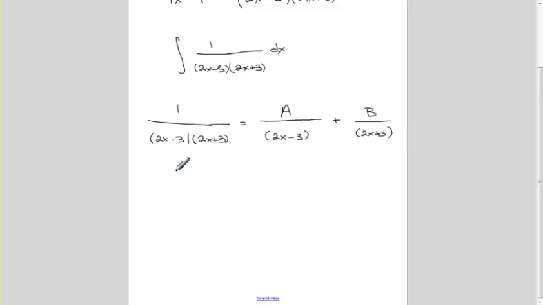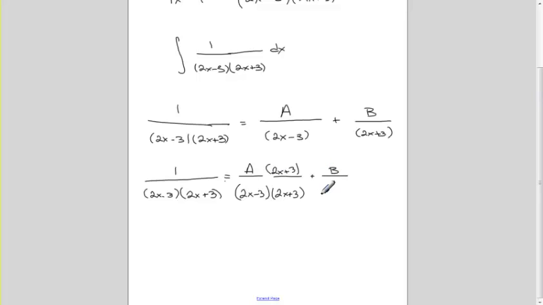And, well, let's just do it. Let's do it a little bit of the long way, at least for this first problem. So this would be A divided by 2x minus 3, and then we'd multiply by the other denominator in both the numerator and the denominator.